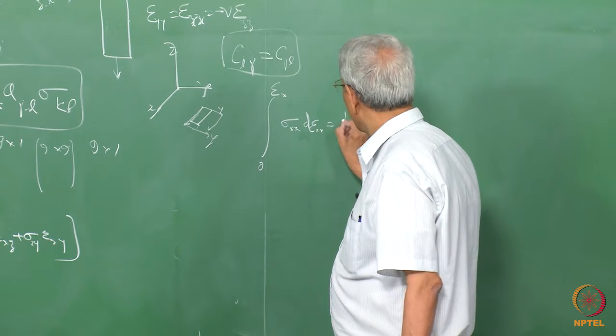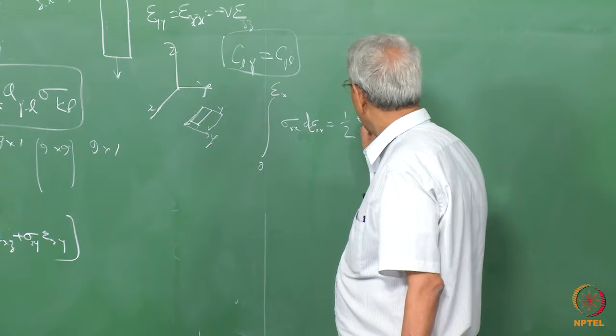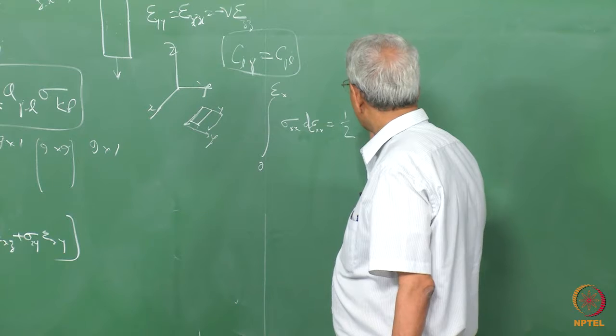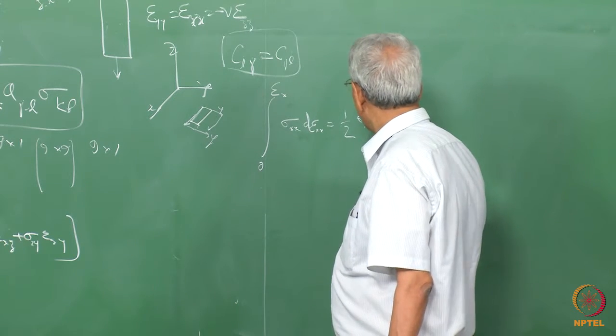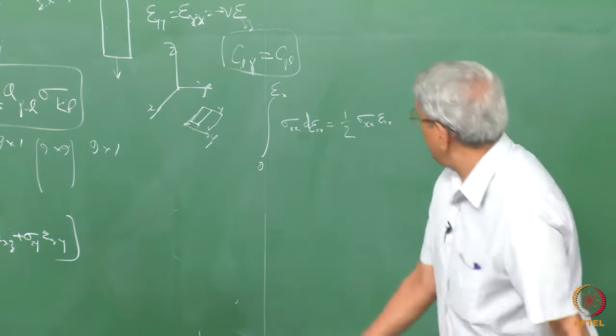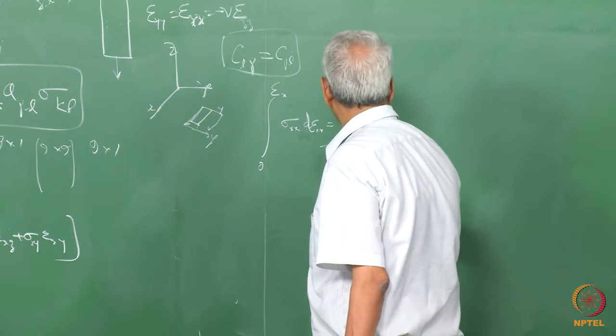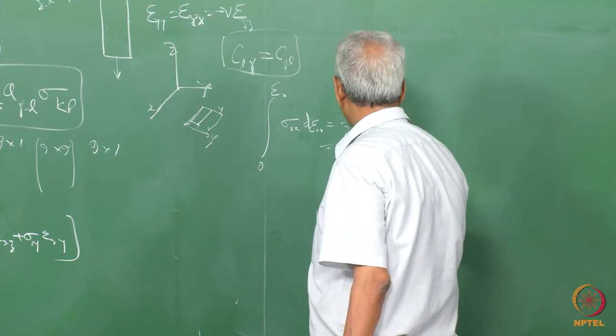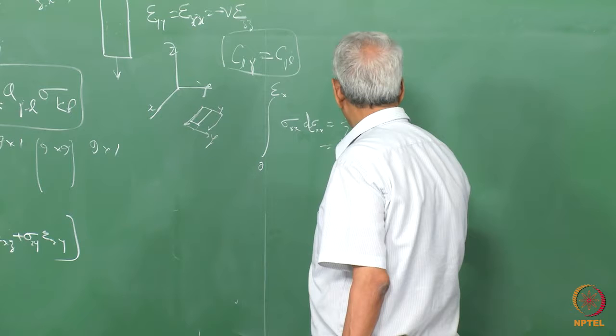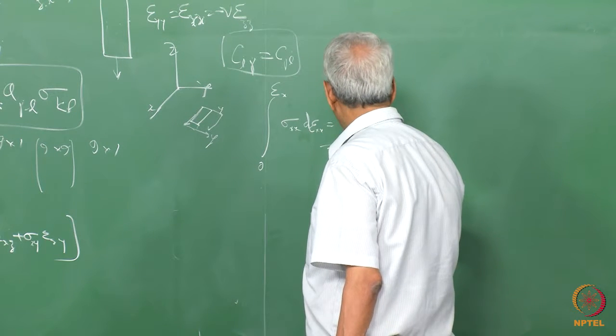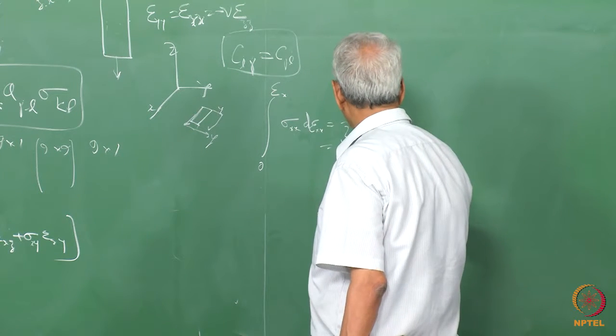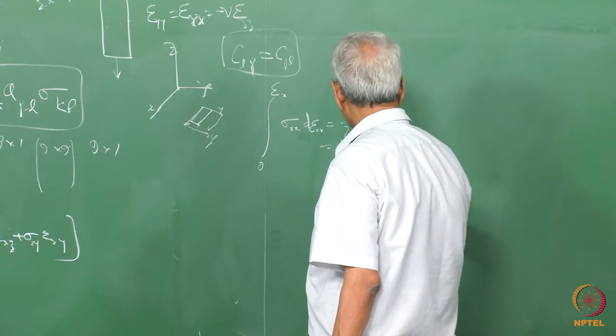This will be half into sigma xx into epsilon xx, and we can write sigma xx as C11 epsilon xx squared.